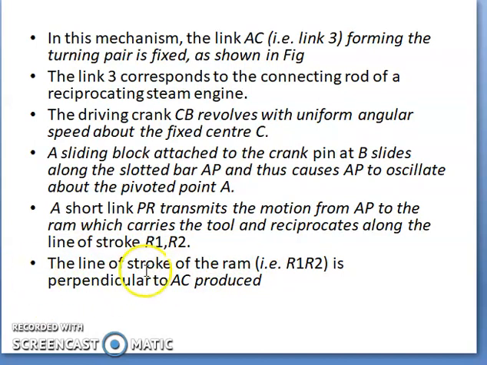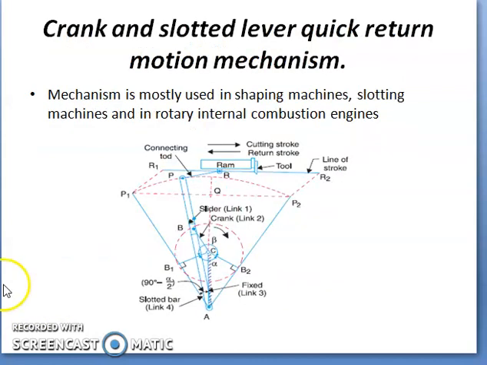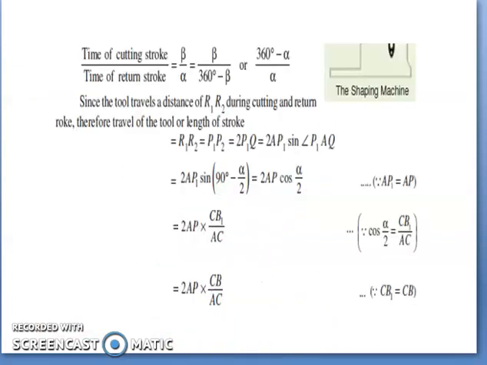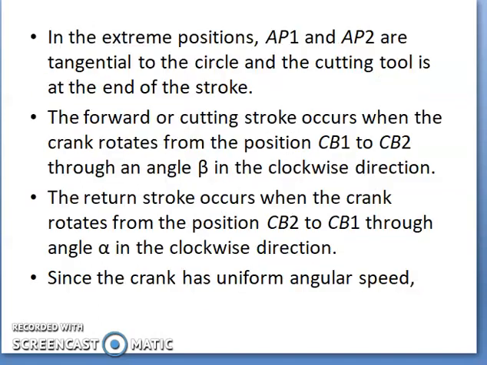The line of stroke of the ram, that is R1 R2, is always perpendicular to the AC produced. In the extreme positions, AP1 and AP2 are tangential to the circle and the cutting tool is at the end of the stroke.